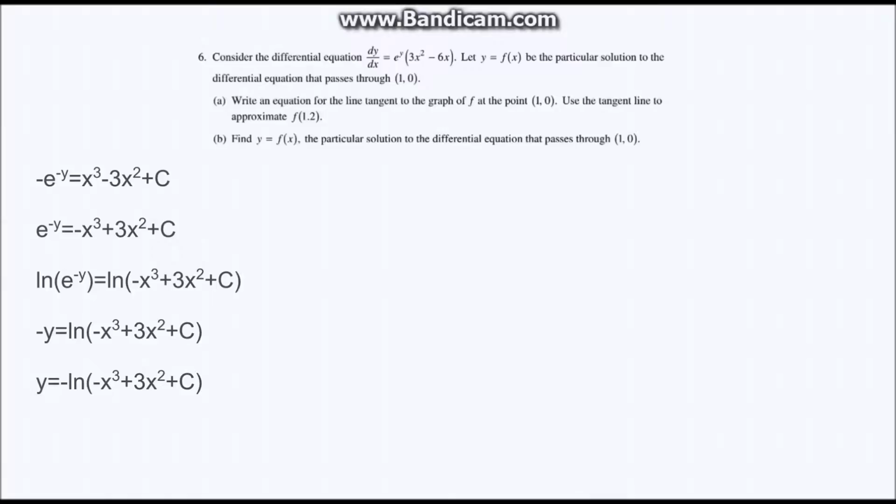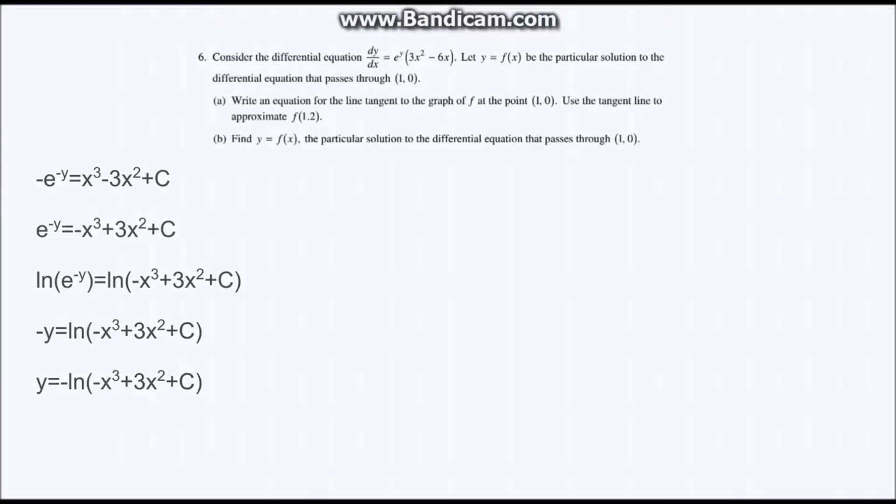So now we have to take the ln of both sides to get rid of e, and we get ln of e to the negative y equals ln of (negative x cubed plus 3x squared plus c). And ln of e to the negative y simplifies to negative y. Then negative y is equal to ln of (negative x cubed plus 3x squared plus c).